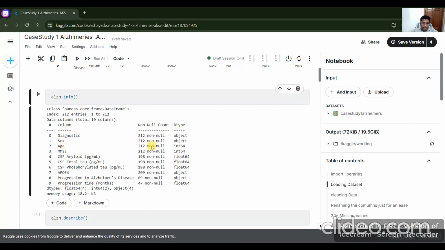Next, sex has 212 non-null entries with object type.